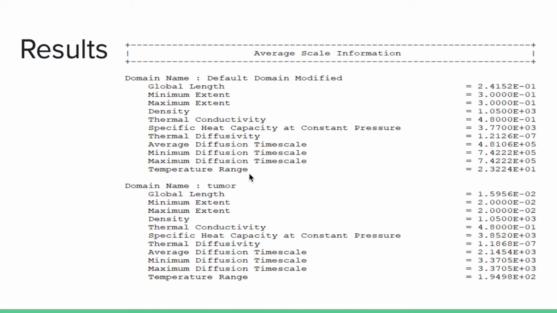With the probe inside of the tumor, it will obviously have the highest difference in temperature because the healthy tissue is supposed to be unaffected by the temperature change, which is evident here.